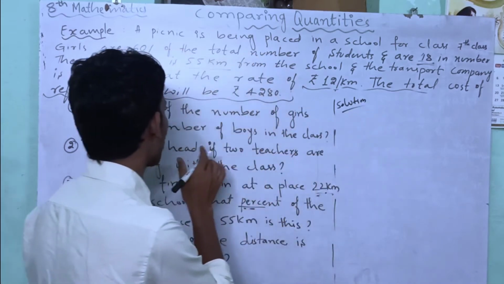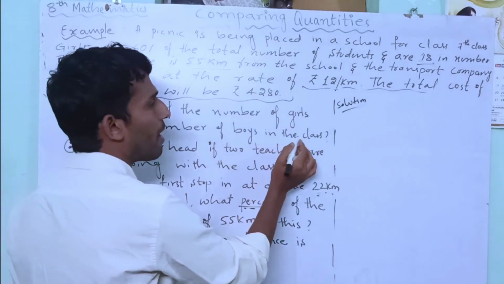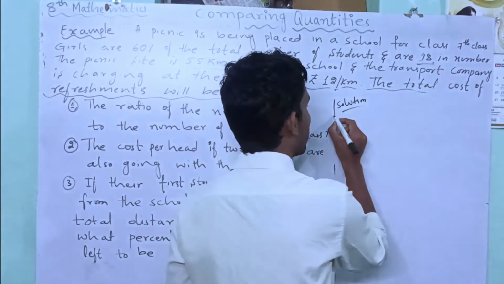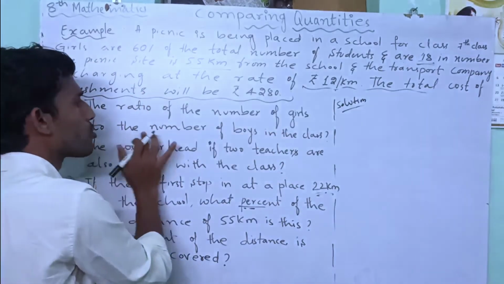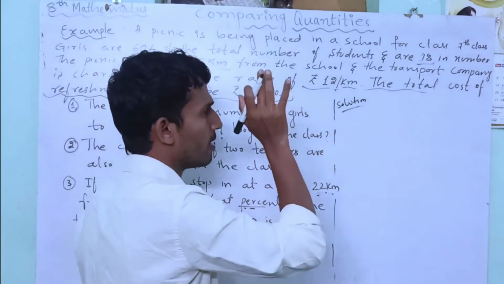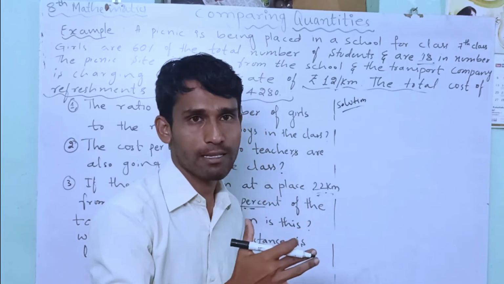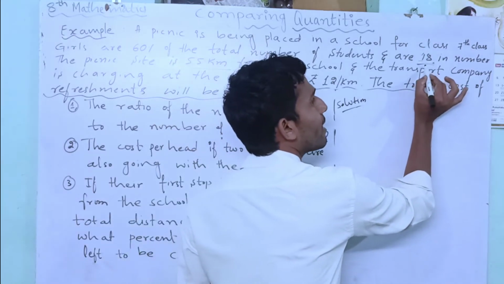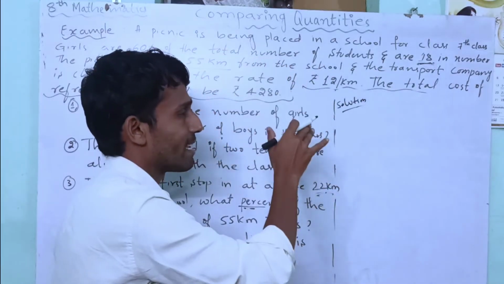Now, the first point I am solving here: the ratio of the number of girls to the number of boys in the class. Dear student, we don't know how many total students are in the class, but it is given that 18 is the number of girls in the class.